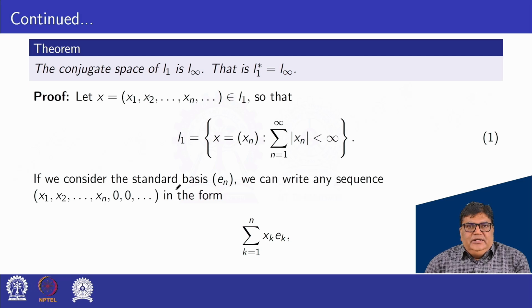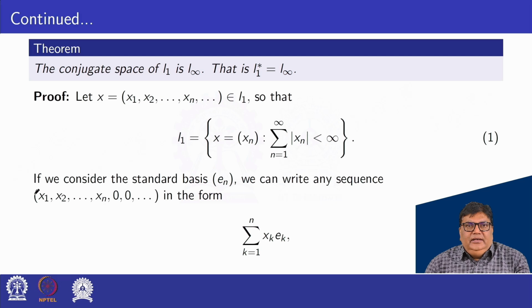If we consider the standard basis en, we can write any sequence x1, x2 and so on up to xn, followed by 0, 0, 0, in the form summation k equals 1 to n of xk ek. This is very simple. Here x is x1, x2 and so on, xn, then xn plus 1, xn plus 2 and so on.